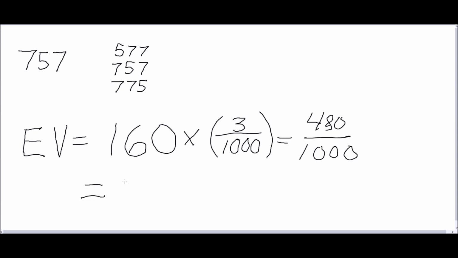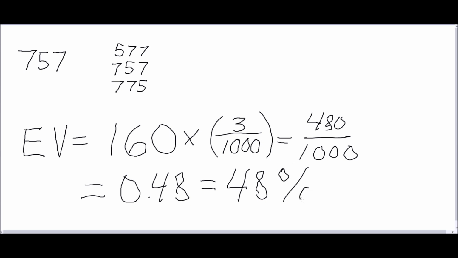480 divided by 1,000 is 0.48, or 48%. So much like the any ticket with 3 unique numbers, the player can expect to get back 48% of his bet, and the state will keep the other 52%.